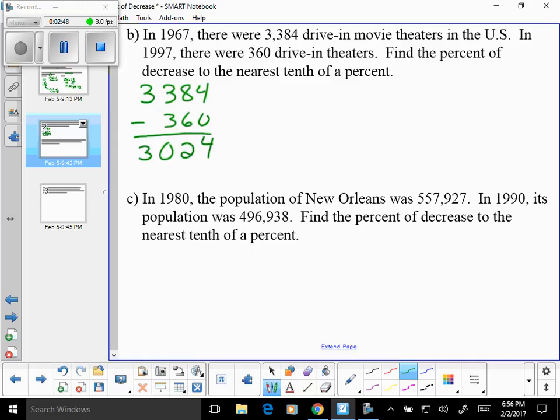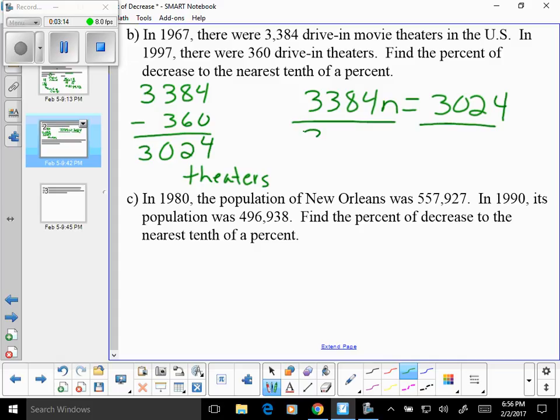Now, it's a story problem. What does this really represent? At least get down that it's theaters. Drive-in theaters would be better. We'll take theaters. Now, remember, your original amount is the 3,384. And your amount of change is 3,024.